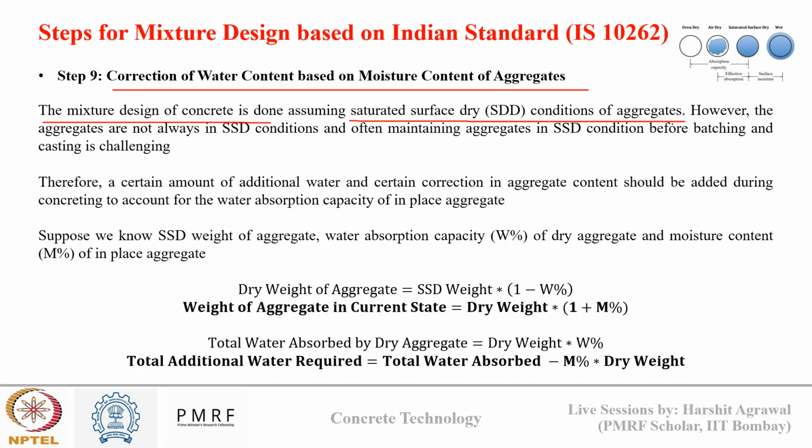It means that my aggregate is completely saturated with water from inside and dry on the surface, so such aggregate won't absorb any water from my concrete proportioning. Those aggregates are known as SSD aggregate, like you can see in this figure here. I will just make that figure a little bigger.